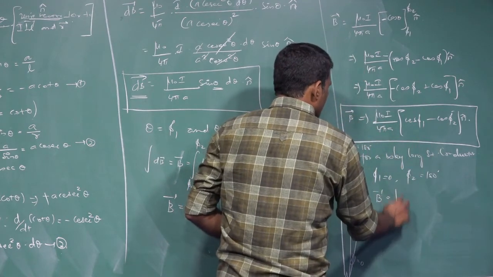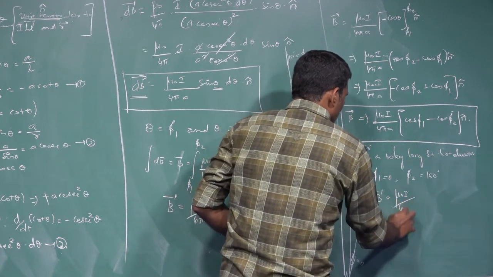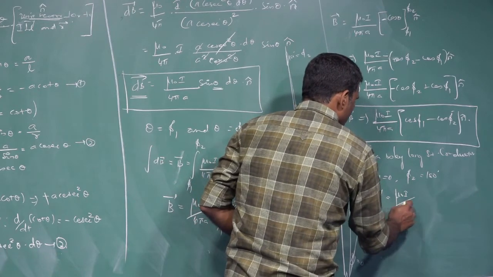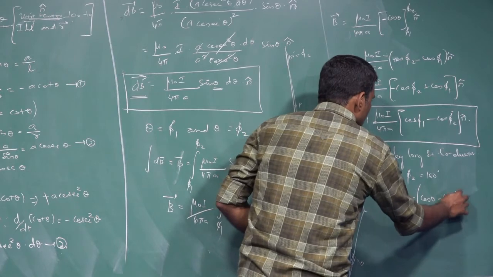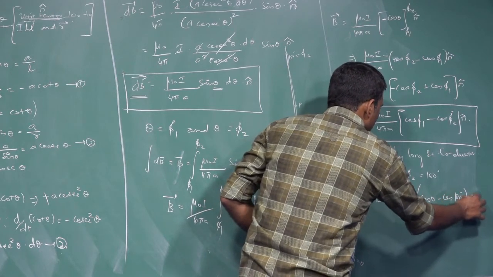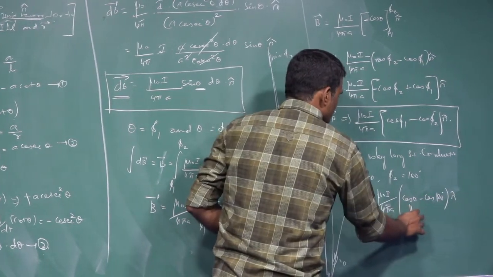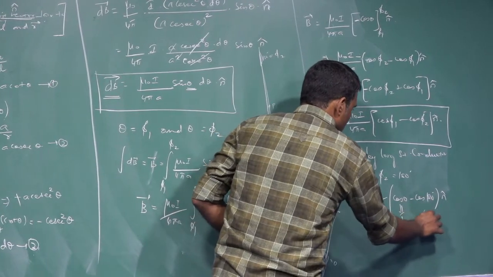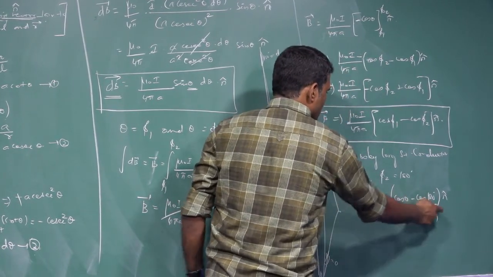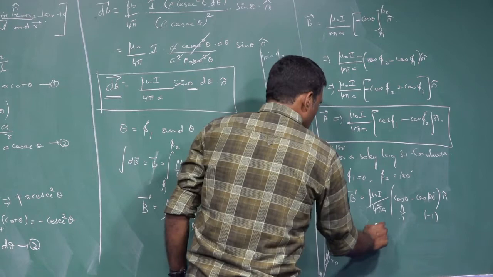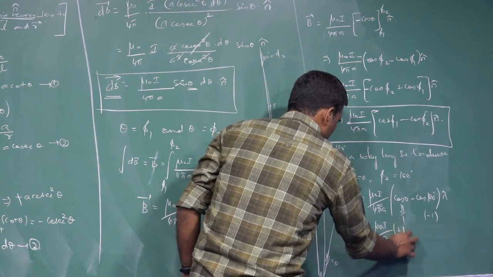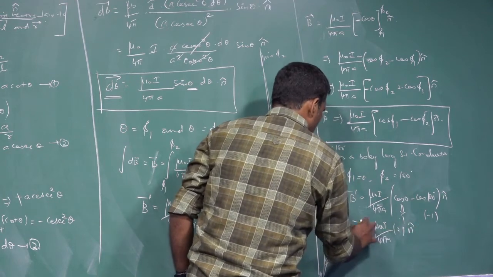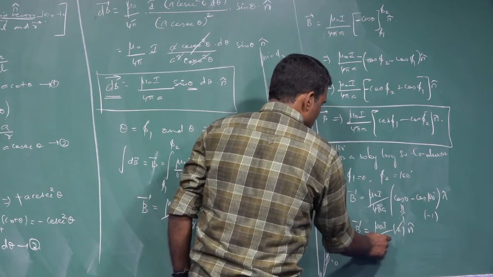So B vector is equal to mu naught I divided by 4 pi a into cos 0 minus cos 180 into n cap. Cos 0 is 1, cos 180 is minus 1. So 1 minus minus 1 is plus 1, giving 2. So 2 mu naught I by 4 pi a into n cap. This 2 cancels out.